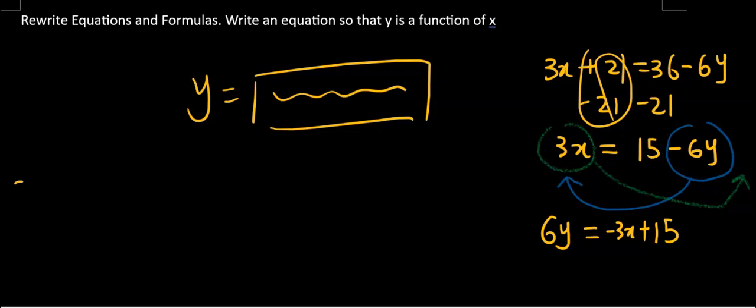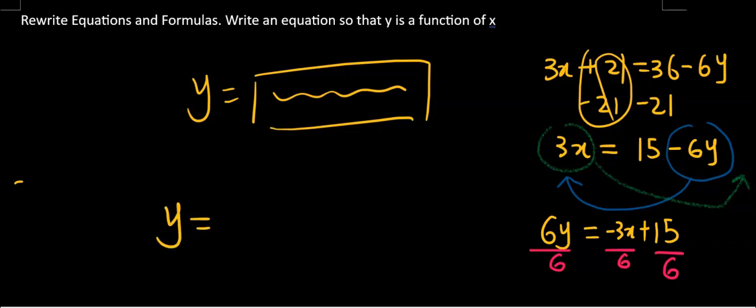One last step. I want to isolate y. Therefore, I'm going to divide by 6, divide by 6, divide by 6. Remember earlier we talked about we're going to simplify, right? Okay, so y has one y now.